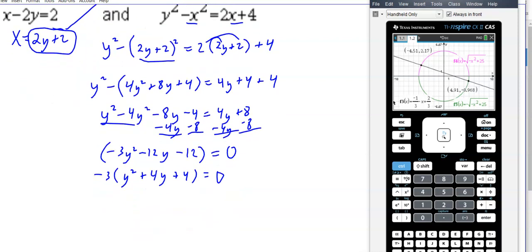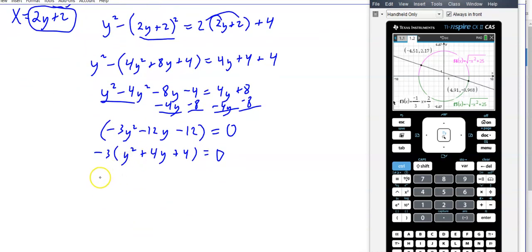So we get -3 times, hoping this factors, I think it does. So y and y, 2 and 2 probably, plus and plus. I think that works. So I get y equals -2 and y equals -2, the same answer twice. Okay, so y is -2.